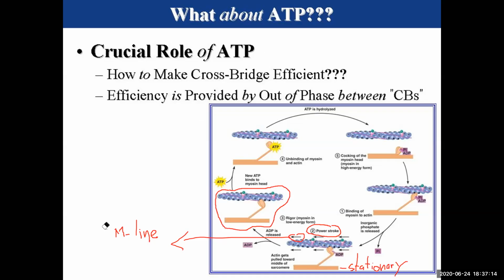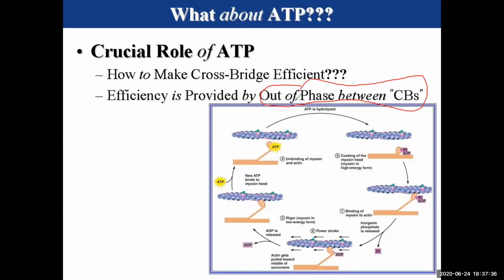One more thing. To make this efficient and to prevent muscle fatigue or muscle cramping, the concept is called out of phase cross bridge formation. Meaning, for the sake of simplicity, say you have 10 possible interactions, so 10 myosin heads with 10 actin.